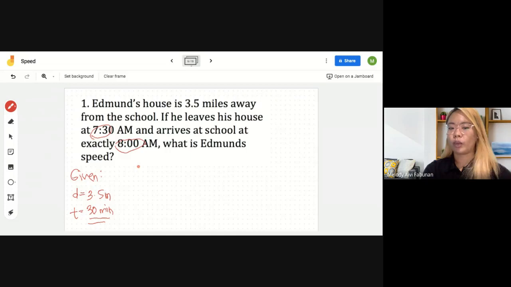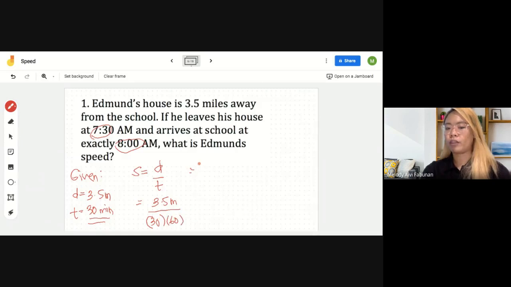Our equation is speed is equivalent to distance divided by time. So if we're going to substitute that, it's 3.5 meters divided by 30 minutes. So 30 minutes multiplied by 60 so that we can come up with our value in seconds. What's the value in seconds?